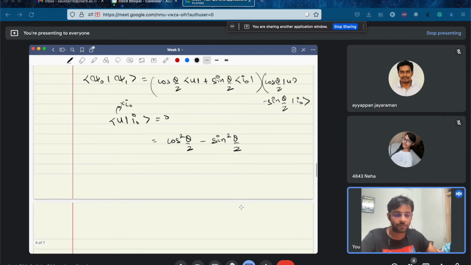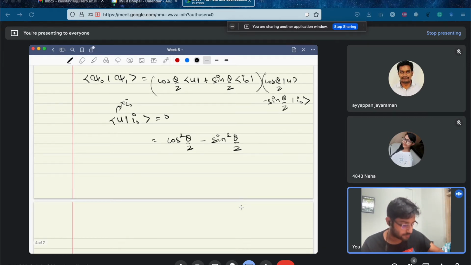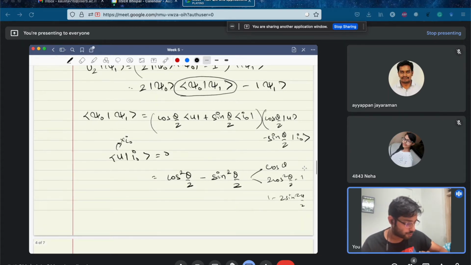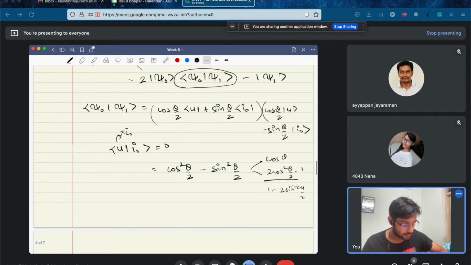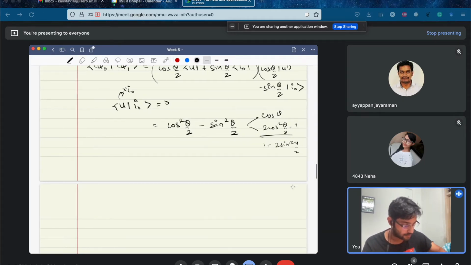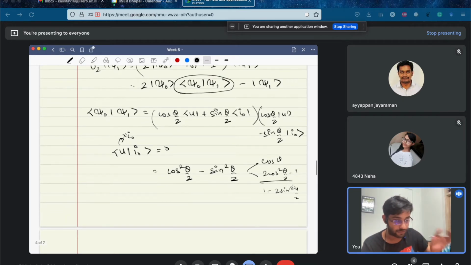Okay, and you know there are numerous ways in which you can write this. So this can be your cos theta, or 2 cos square theta by 2 minus 1, or 1 minus 2 sine square theta by 2. You can write it in any way. So here I'm going to use the second one, and let us see how we find this theta reflection here.